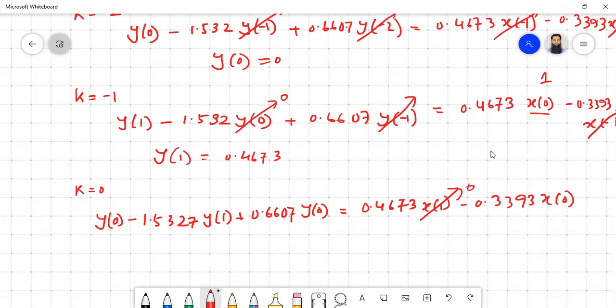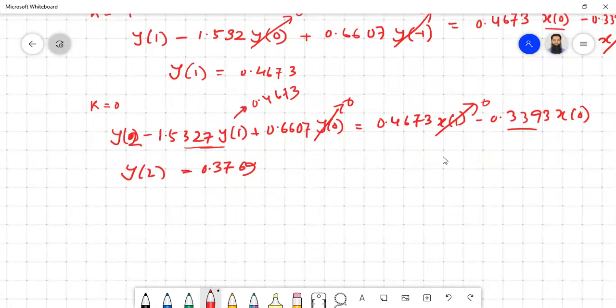So x(1) is 0, y(0) we calculated to be 0, and for y(1) you replace the value 0.4673. After a bit of calculation, you take this parameter to the other side and subtract this value. It will give you y(2) equal to 0.3769.